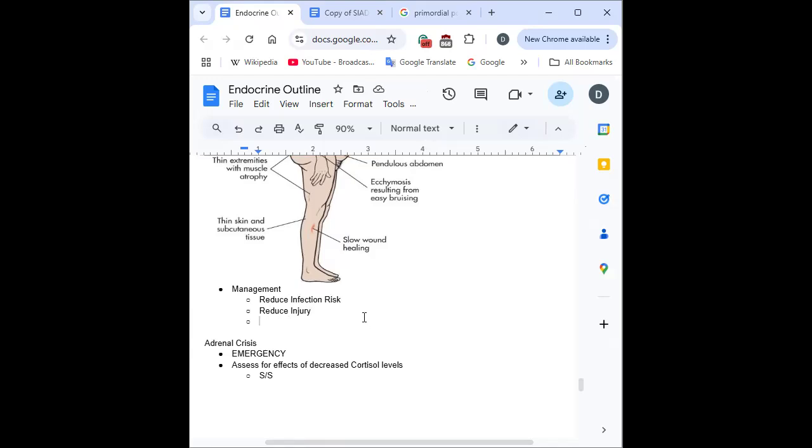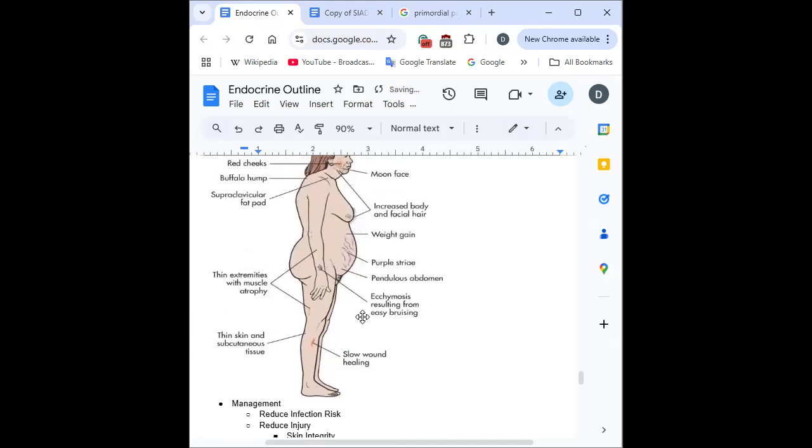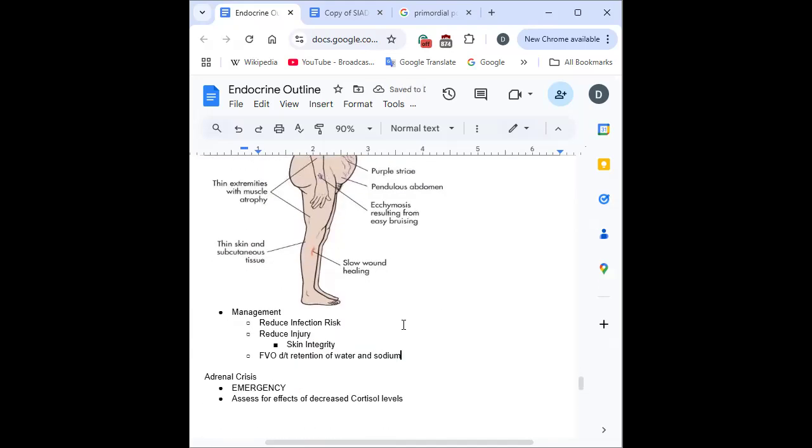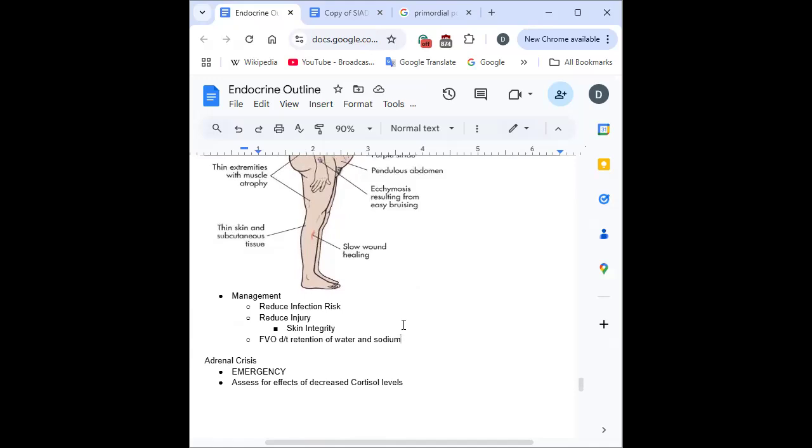Remember, like we talked about, they have the edema and all that stuff because their cortisol level starts affecting their aldosterone receptors, and we know aldosterone leads to fluid retention. So what are ways that we can reduce infection risk?